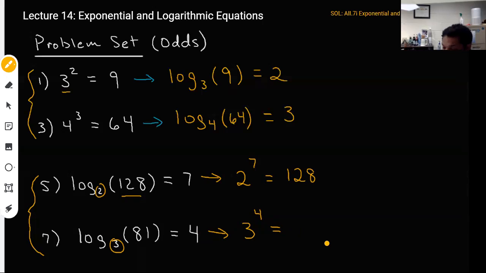That's going to be my result, right? 3 to the 4th power. That's going to give me 3 times 3 times 3 times 3. That would be 9 times 9. That would be 81. So I put the 81 on the other side and I'm done. I got it. So you can go from exponential to logarithm, but you can also go the other way, right? You can go from logarithm back to exponential.